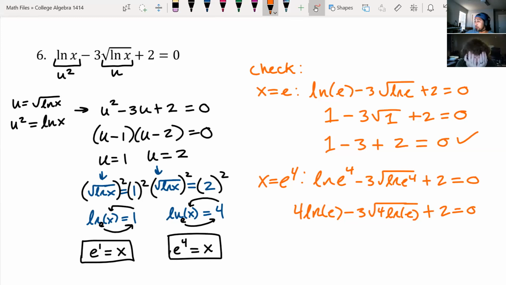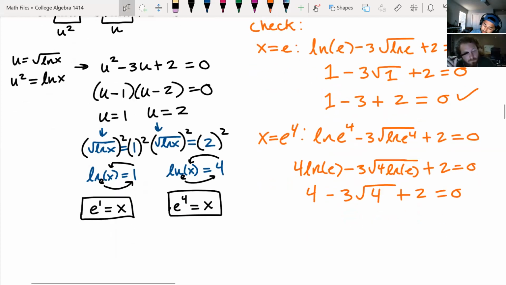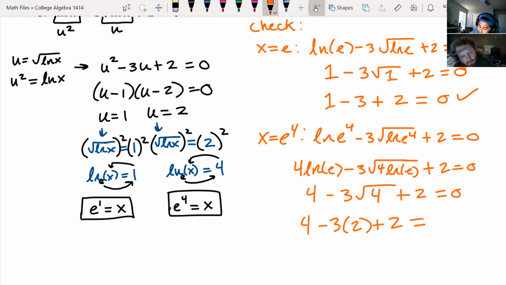Again, remember that the natural log of e is 1. So you get 4 minus 3 times the square root of 4 plus 2, which is 4 minus 3 times 2 plus 2. And 4 minus 6 plus 2 equals 0, which checks out.